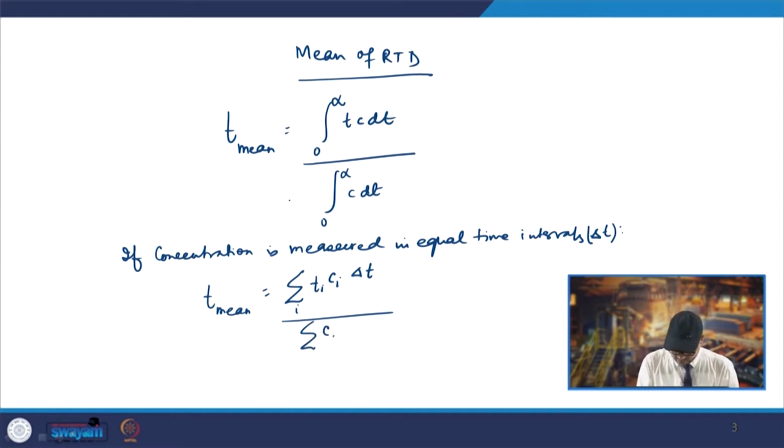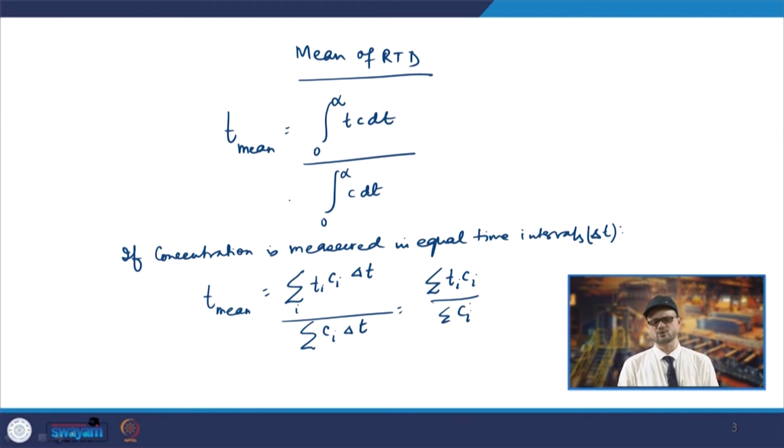If the time interval delta t is equal, it cancels. So it will be the summation of Ti Ci divided by the summation of Ci. Once you have these concentration data with time, we can find the mean residence time inside the tundish by this formula.